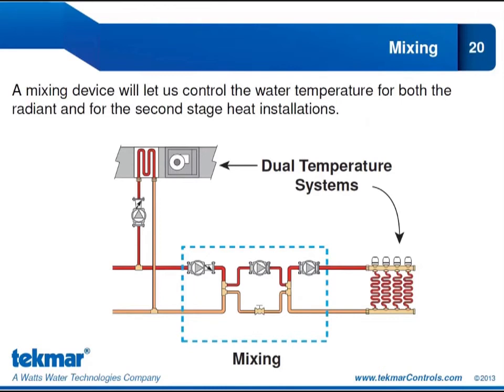And that often leads to unsatisfied customers and complaints about comfort levels. So to avoid that, we are going to make sure that we include mixing in our system, and that will allow us to customize the entering load water temperature for the radiant as well as for the second stage heat, and make sure we're operating both of those installations so that they're providing maximum comfort.